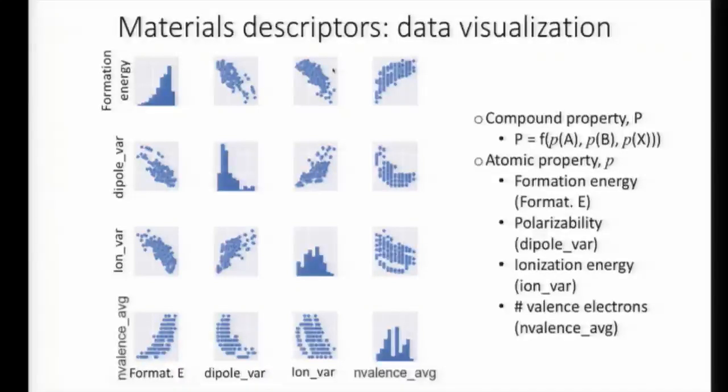We can check to see if this is really a sensible thing to do by doing some nice visualization. If you make a pair plot of formation energy, variance of the dipole polarizability, variance of the ionization energy, and the average number of valence electrons, you get the following. If you just focus on this top row, I'm plotting formation energy versus dipole polarizability, ionization energy, and number of valence electrons.